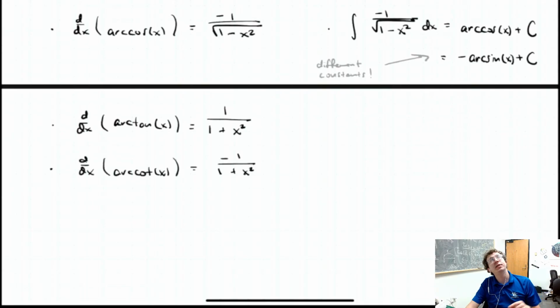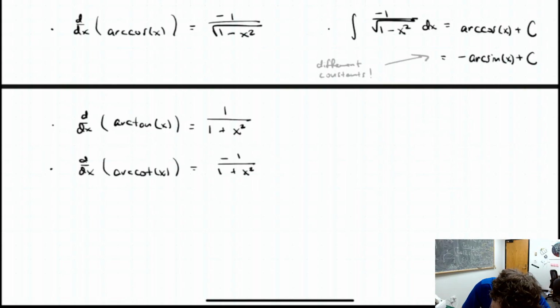And the idea is that sine and cosine look the same, the graphs look the same, except they're shifted by pi over 2. So when you take the inverse function, the inverse sine and cosine functions are the same, except they're shifted vertically by pi over 2.